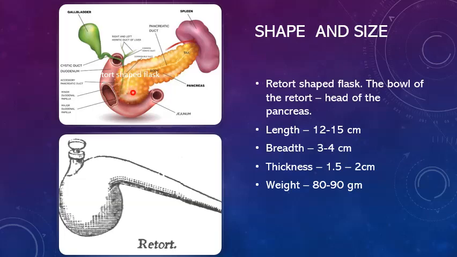Coming to the length, it is 12 to 15 centimeters. Breadth is 3 to 4 centimeters. The anteroposterior thickness is 1.5 to 2 centimeters, and the weight of the pancreas is around 80 to 90 grams. So the shape is a retort shaped flask, and these are the measurements.